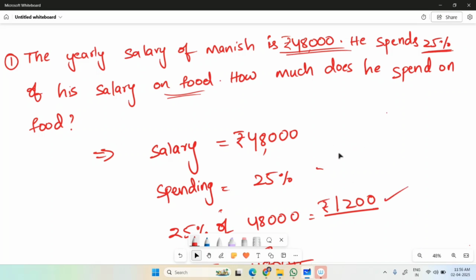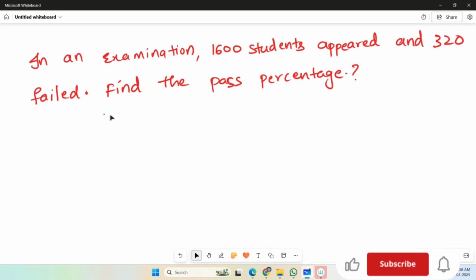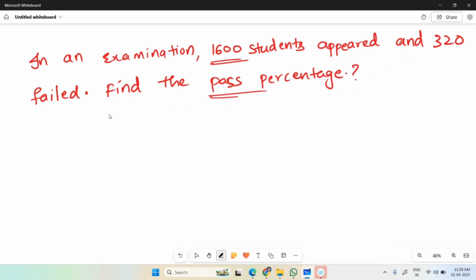Okay, let's see another question. In an examination 1600 students appeared and 320 students failed. We have to find the pass percentage of the students. From the question, the given information is that the total number of students is 1600.